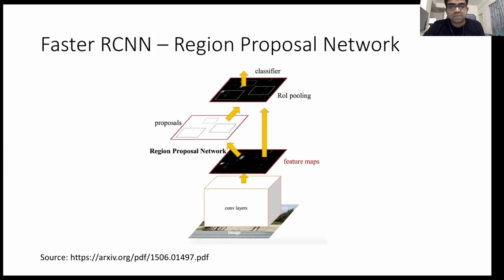You pass it through convolution layers and you get your feature maps. Once these feature maps are generated, you give them to your region proposal network. A region proposal network is nothing but a simple convolution network where, if you think of a 3x3 kernel, at each kernel position you're trying to generate 5 or 10 anchor boxes. What do I mean by anchor box? The one that you see here, different rectangle boxes of different aspect ratios.